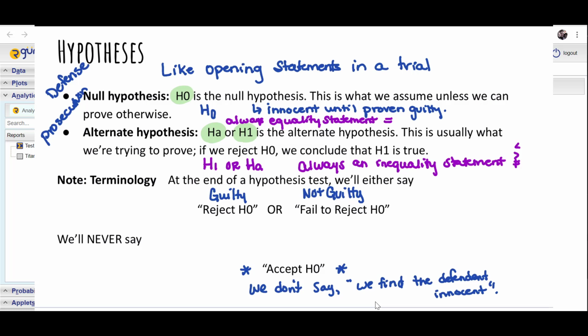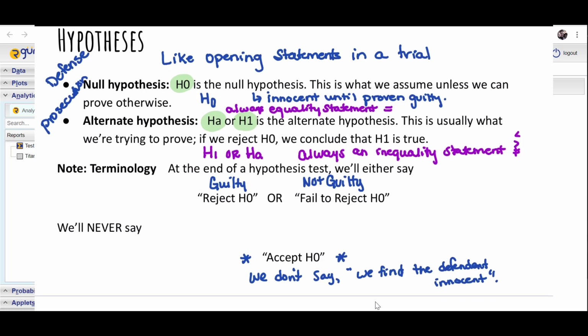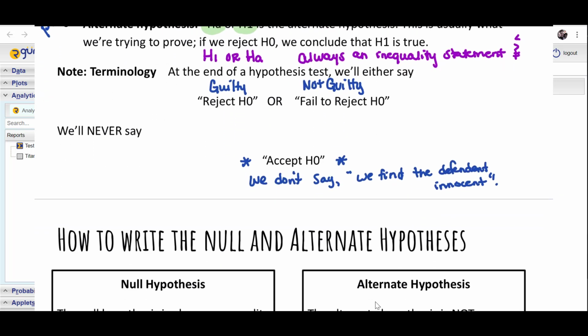We never say we accept the null, because accepting the null would be saying we find that the null is true, and you can't say that. You can either say we find the null false, we reject the null, or we don't have enough evidence to reject the null, meaning we fail to reject the null. So one of those two, we never can say that we accept the null. Important things to keep in mind as we move forward.